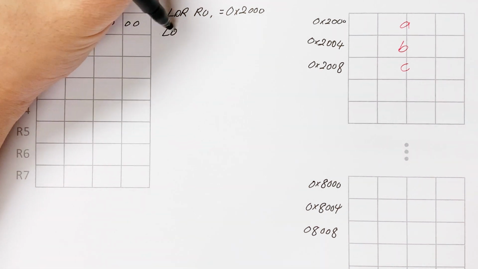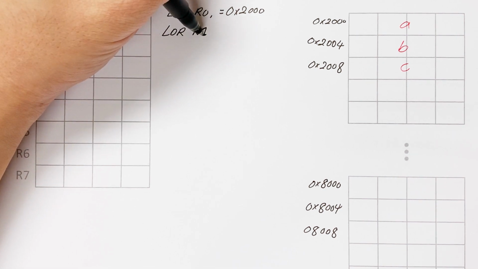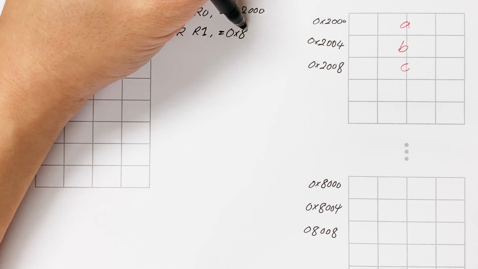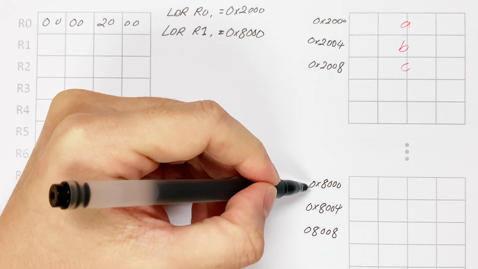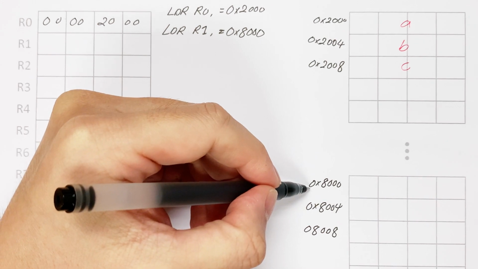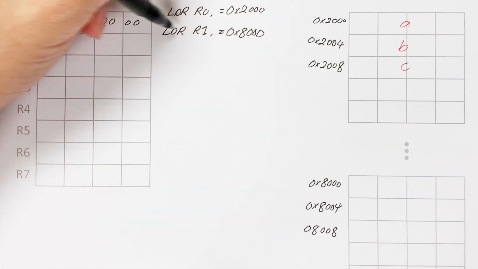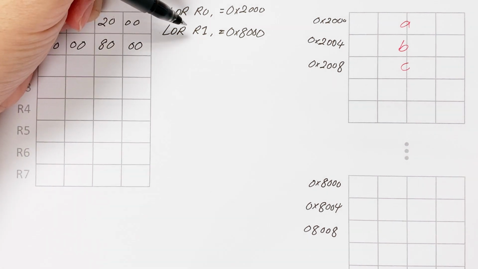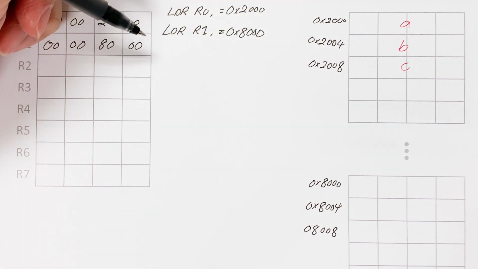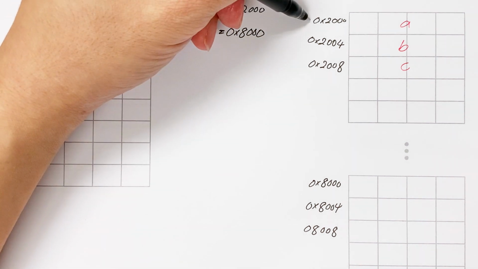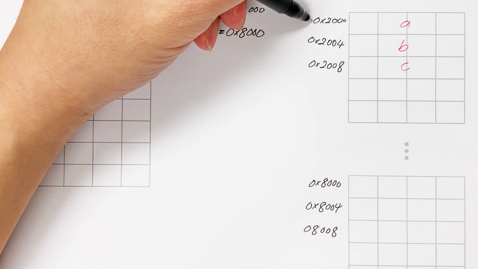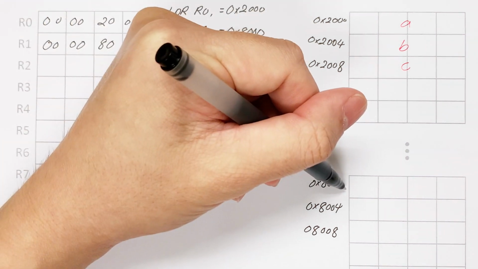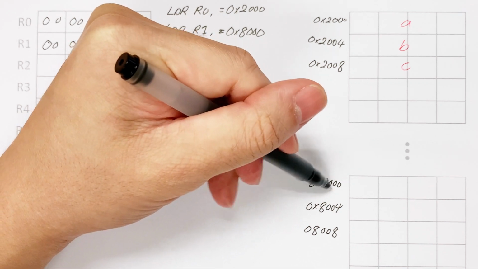Then we also initialize register 1 with the value of 8000 as the pointer for the destination address. So after executing the code, R1 will become 8000. Again, a similar approach as what we used previously: we copy the value from address 2000 into a register, then we store the value back into the 8000 memory.